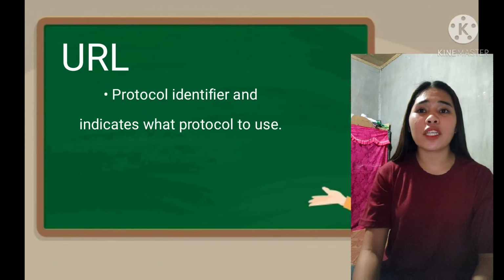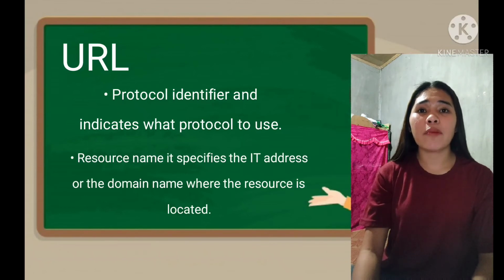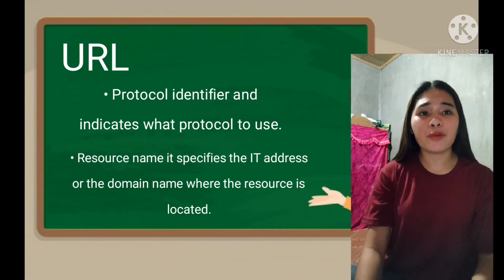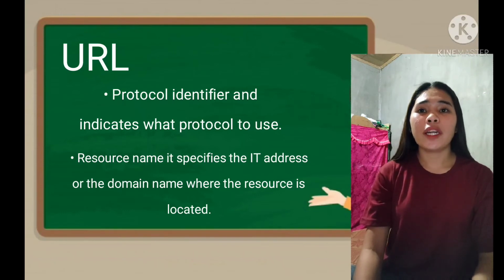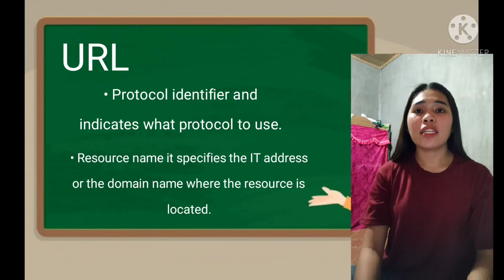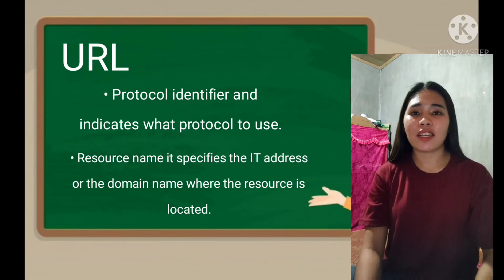The second part is called the resource name. It specifies the IP address or the domain name where the resource is located. The protocol identifier and the resource name are separated by a colon and two forward slashes.